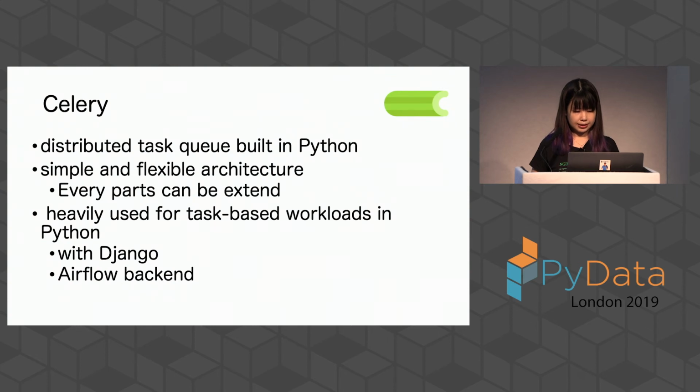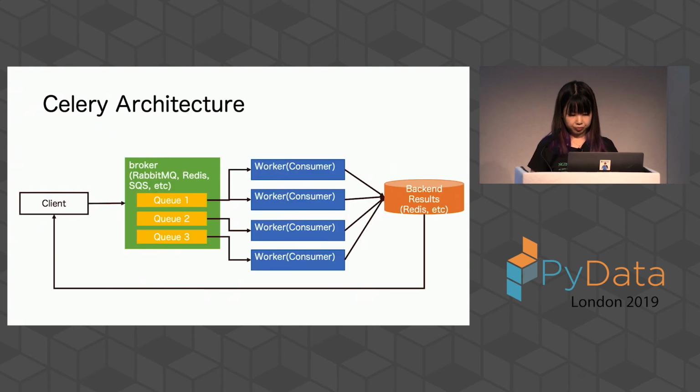Celery's architecture is here. Celery has several components. A worker will run tasks and store the results into the results backend store. So when we run a job at the client, the application will be sent to the broker, and the broker has several queues.